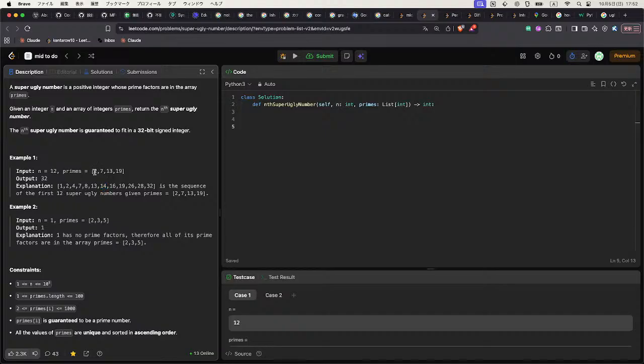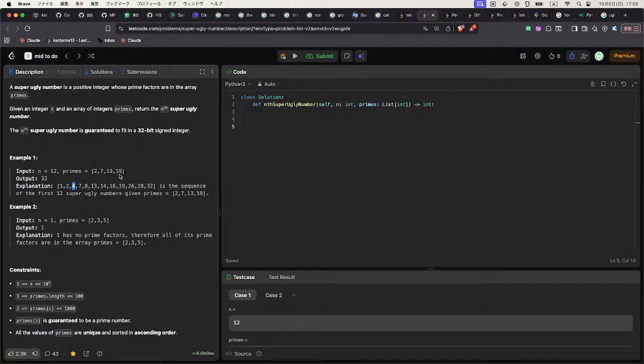For 2, the index points at 7, so we update the pointer to 8, so we get 16. And for 7, the index points at 2, so the pointer moves to 4, so the new candidate is 28, which is 4 times 7.